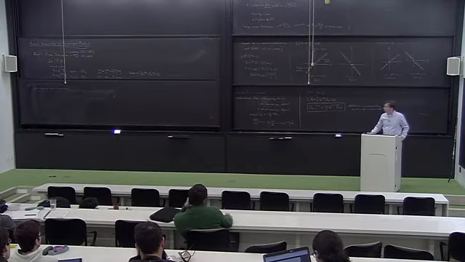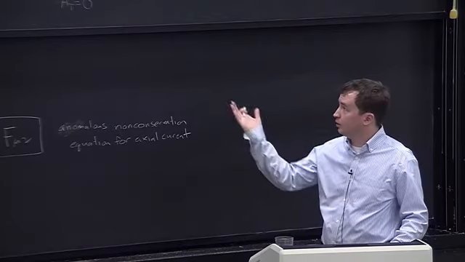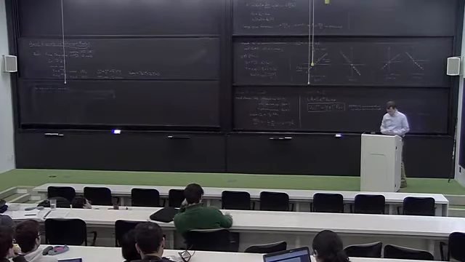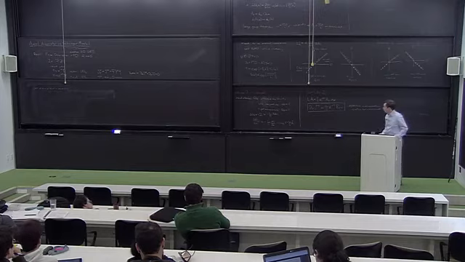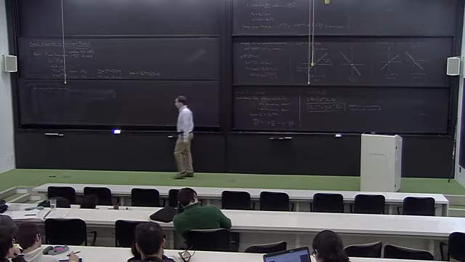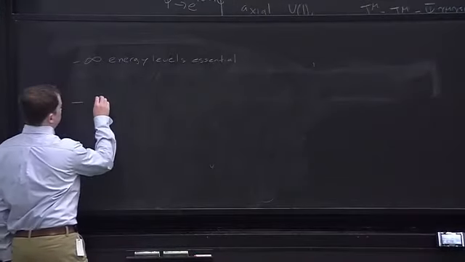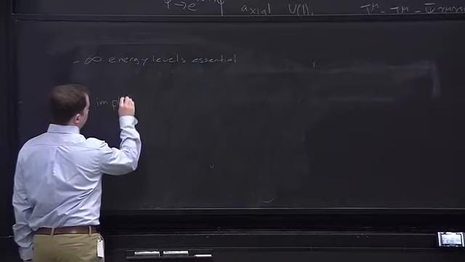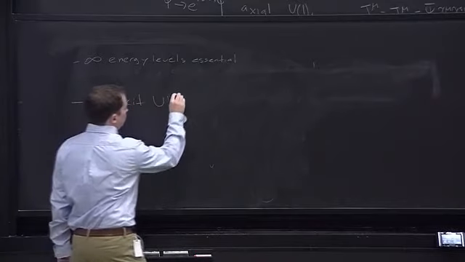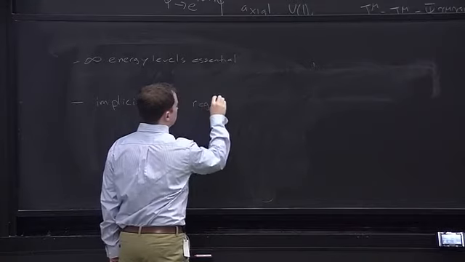But implicitly, I was making assumptions about the UV that were crucial to this derivation. In particular, we made some assumptions about what was going on with the charge in the UV. So we had an implicit UV regulator.